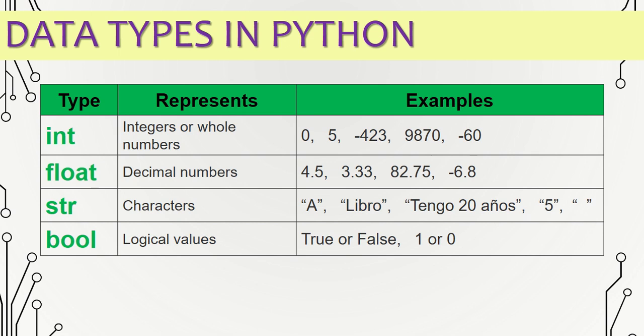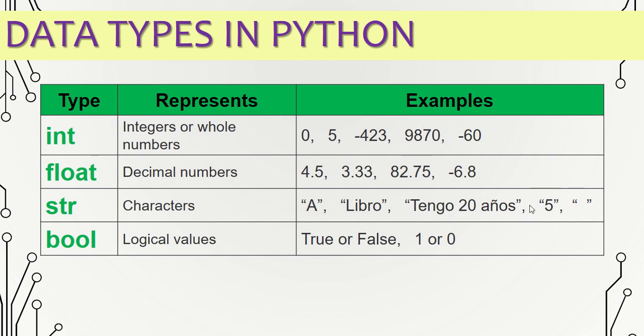Okay, in Python we have four basic types of variables. Integer, that refers to integer numbers, both positive and negative. Float, that refers to decimal numbers, again, both positive and negative. Strings, that refer to any text.